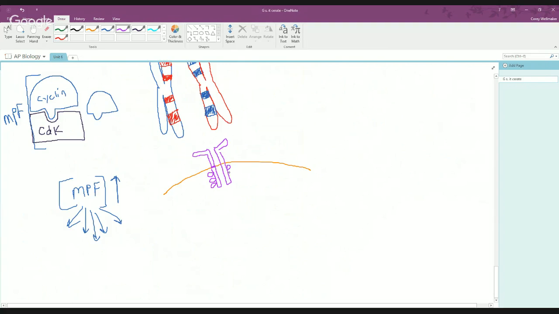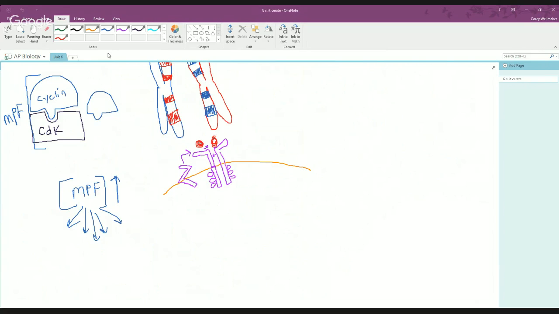So when RTKs come together, like let's say this is a ligand that stabilizes the active form of the RTK, because RTKs can be all scrunched up when they're in their inactive form, so they can't come together. But binding to the ligand will stabilize its active form so that two can bump into each other and form a dimer.